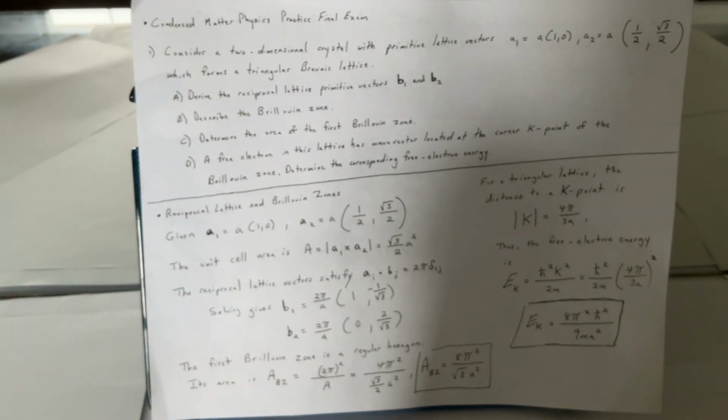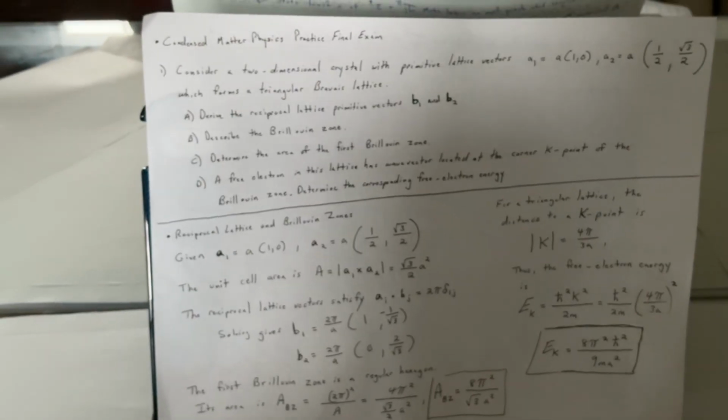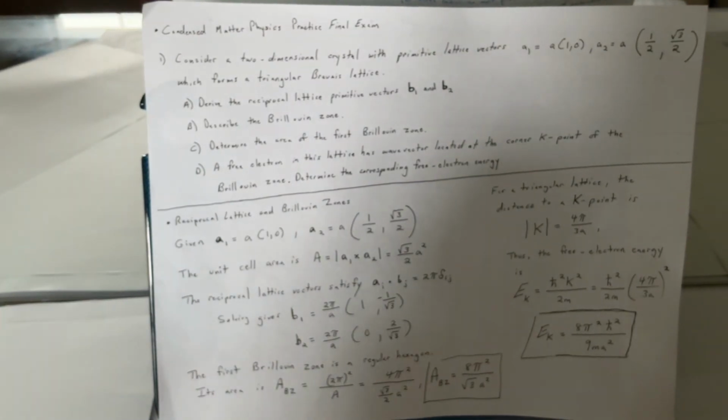Pronunciation varies. Okay, so for part A, we want to derive the reciprocal lattice primitive vectors b1, b2. Describe the Brillouin zone. Determine the area of the first Brillouin zone.